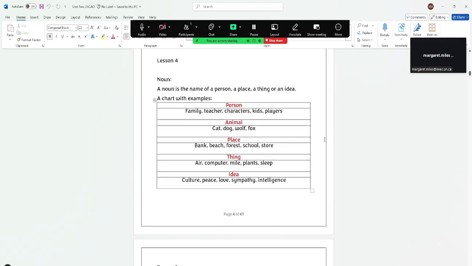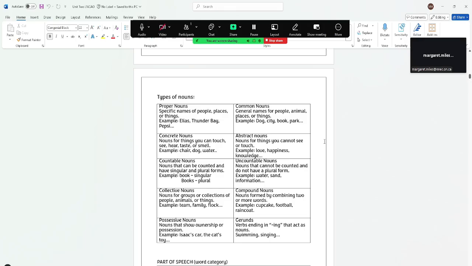And here we have types of nouns. So we will go through this chart. Types of nouns. First one, proper nouns. So this is specific names of people, places, or things.